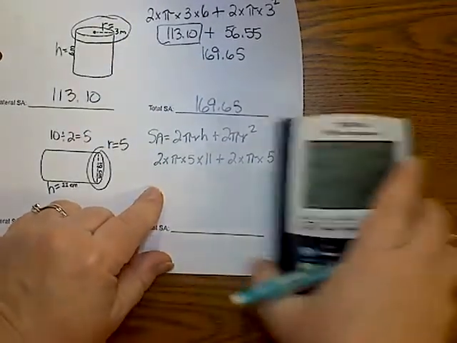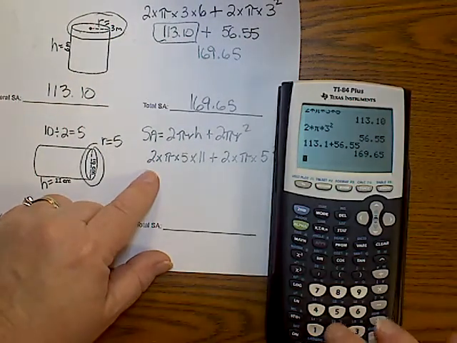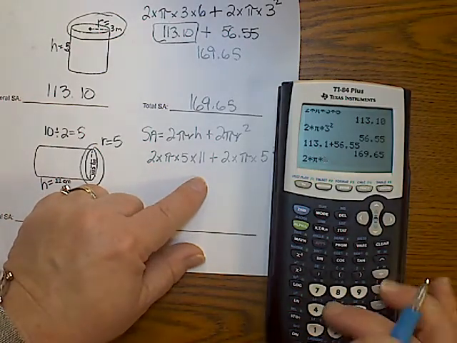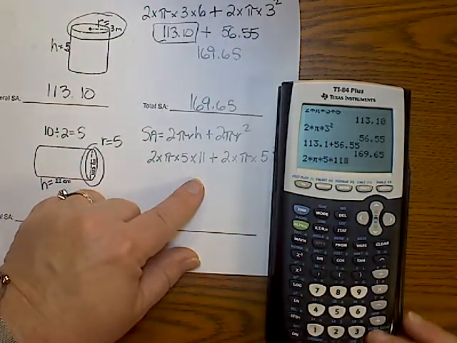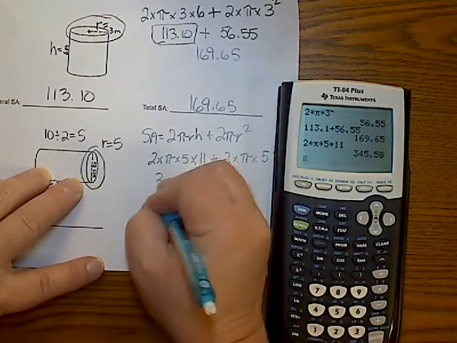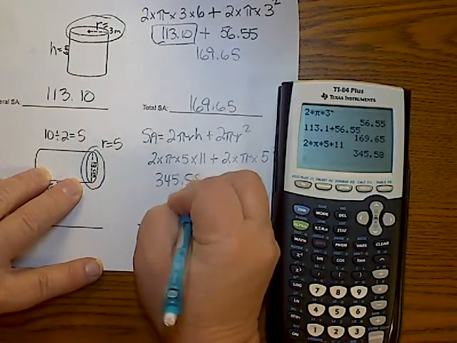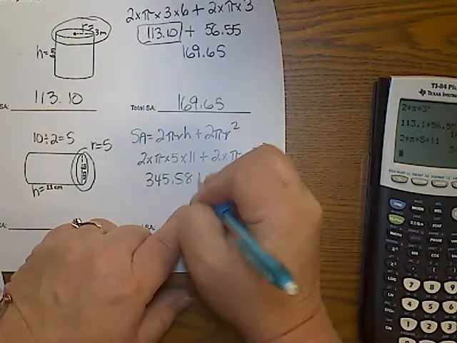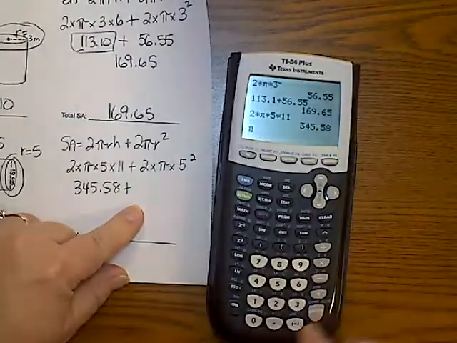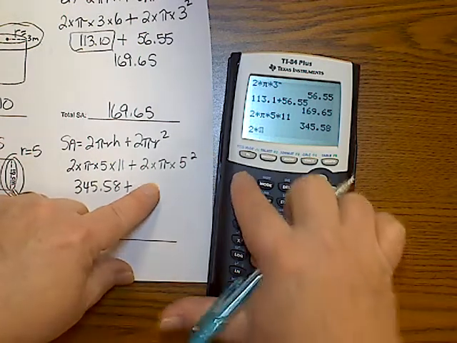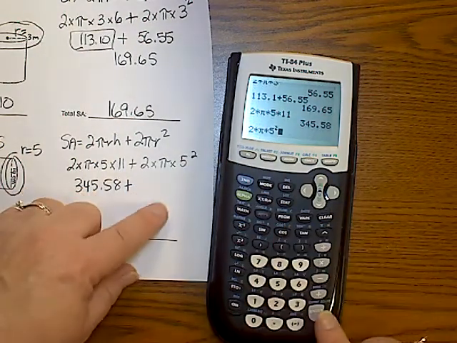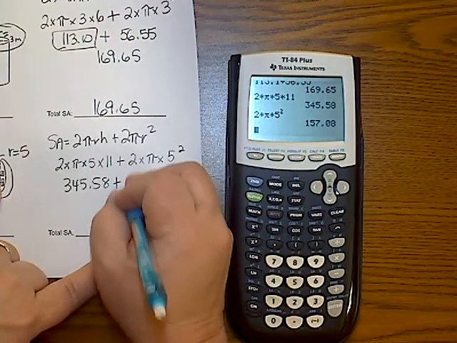Then it's a matter of putting it in my calculator. I have 2 times second pi times 5 times 11. Hit enter. 345.58, because remember I have my calculator set to round, plus then I need to put 2 times second pi times 5 squared, and I get 157.08.